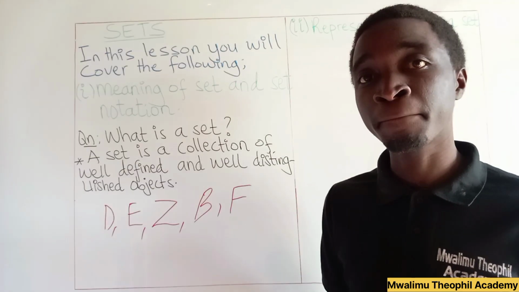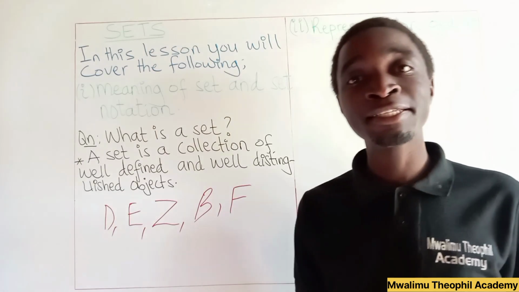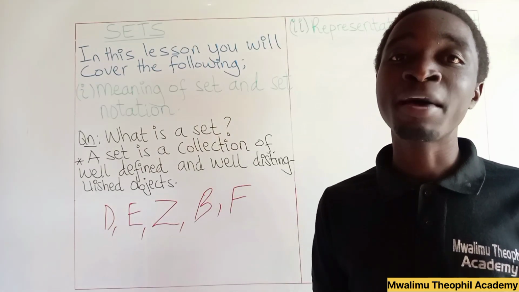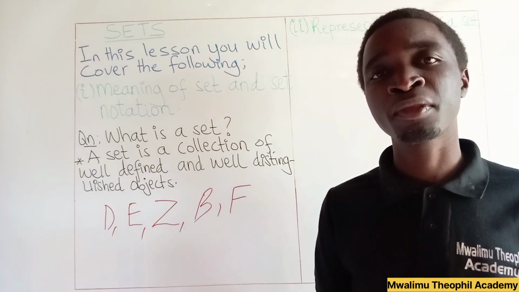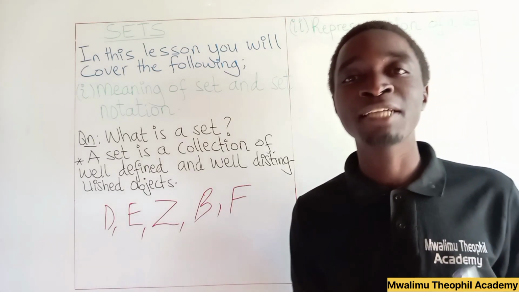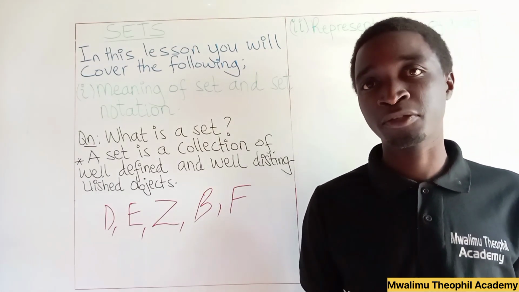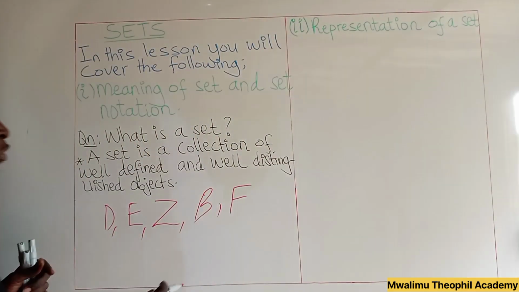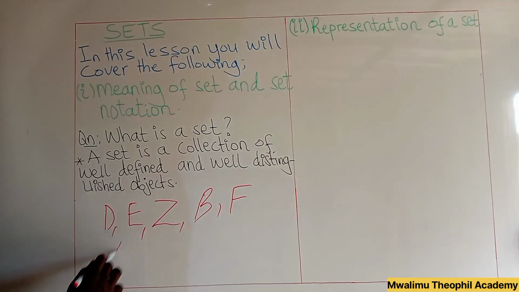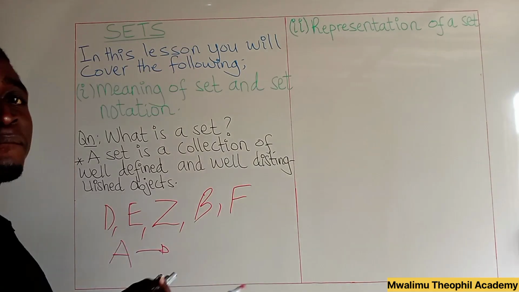After this, you have to know that any set has members. The members of a set are known as elements. If the elements of a set are written in letters, they should be in small letters. For example, let us assume we have a set A, and this set A has elements like a, b, c.